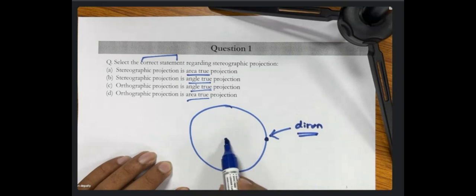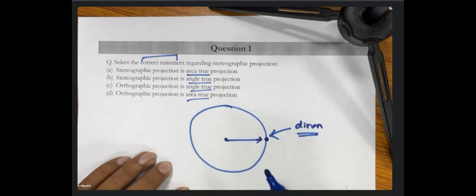So it is representing some particular angle. So the distances in the stereographic projection represent the angle. The angle has been preserved, and the symmetry has been preserved over here. In that manner, we can say that the stereographic projection is an angle-true projection.